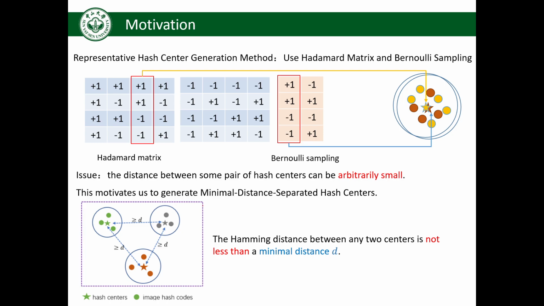This motivates us to generate minimal distance separated hash centers. In our work, we propose a new hash center method to ensure that the Hamming distance between any two centers is no less than a minimal distance d, and d is larger than 0.